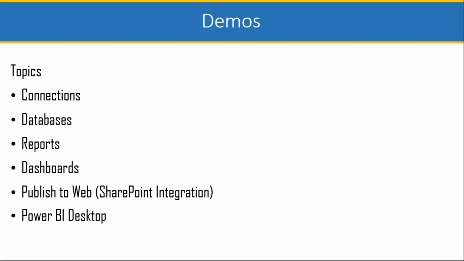Now let's get into detail of what Power BI can do. When we get into Power BI, you have to establish connections. Those connections can be with multiple data sources, databases, and reports that you generate, and from those reports you develop dashboards, publish to the web or SharePoint integration, or Power BI Desktop.